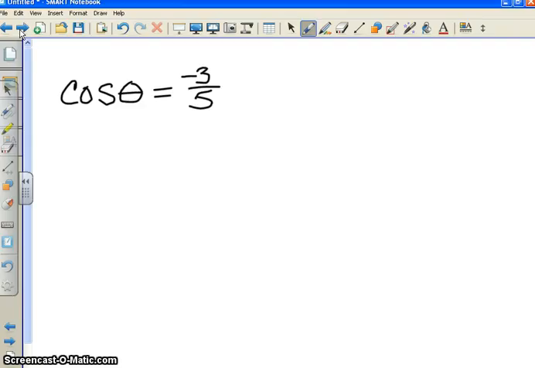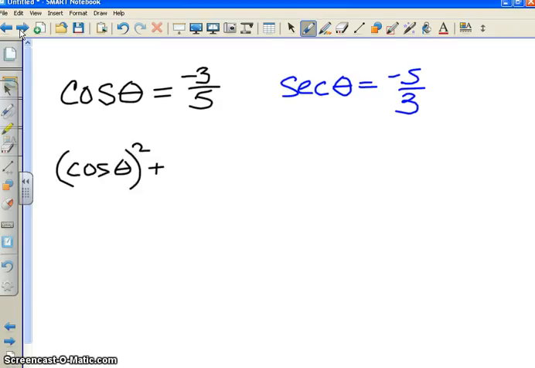So if I know cos, obviously then we know secant is just the reciprocal, -5/3. But if I use our Pythagorean identity, I'm going to be able to figure out sine of theta, because I can substitute in what I know about cos theta. I know it's -3/5.